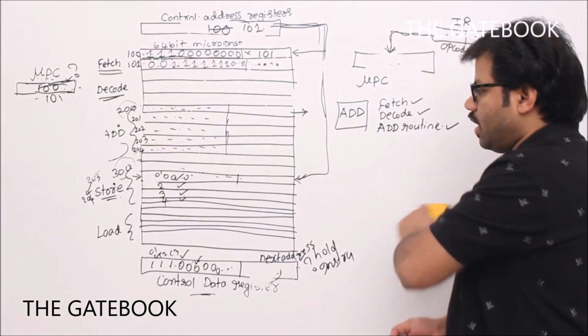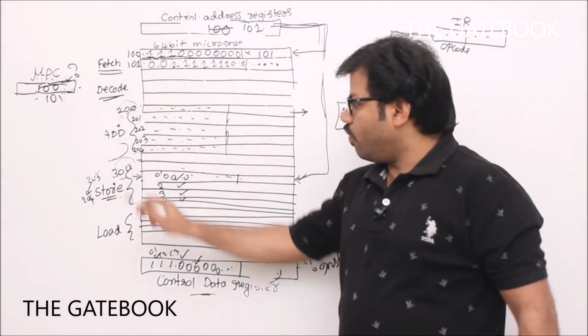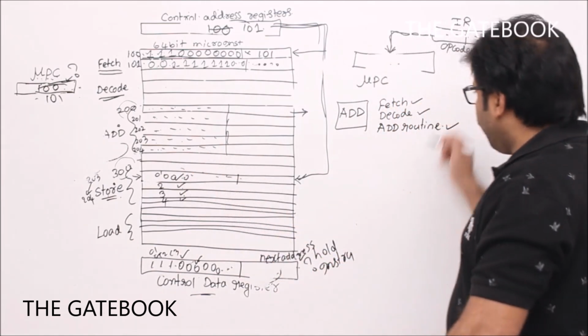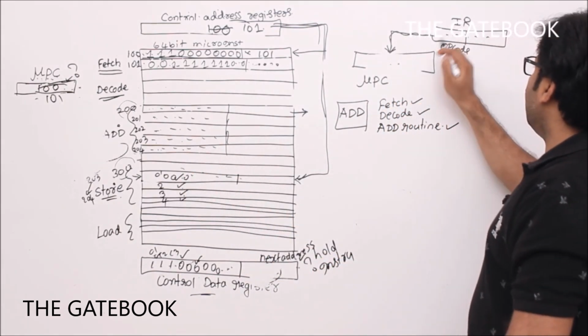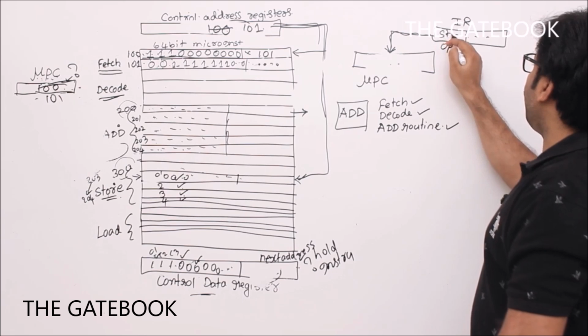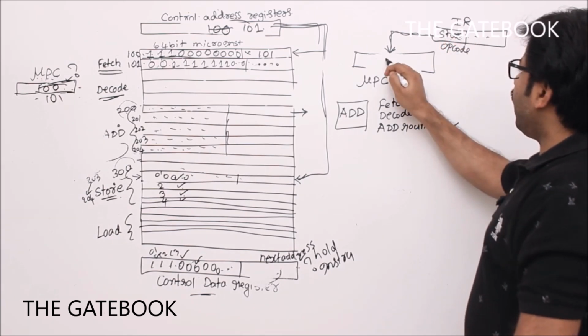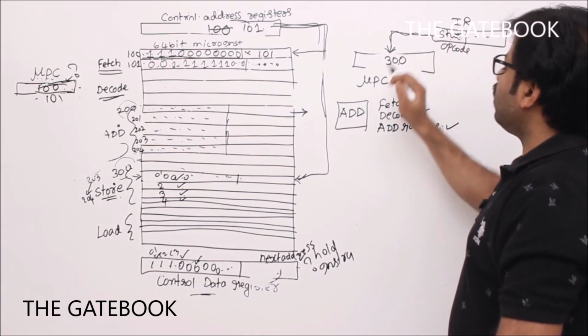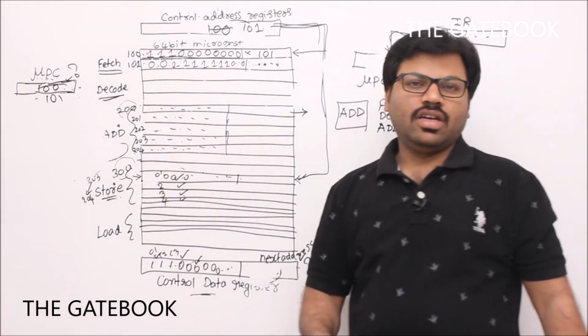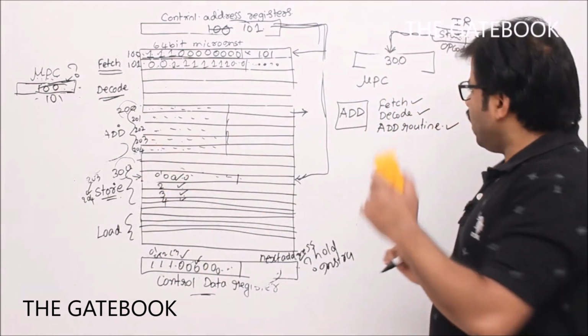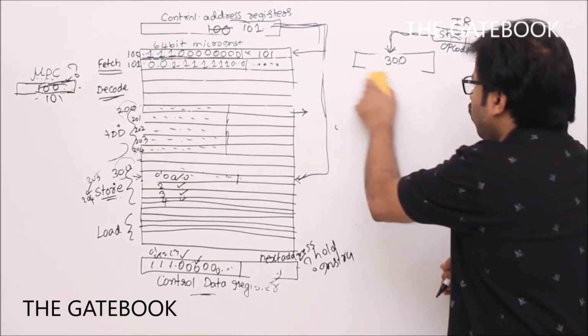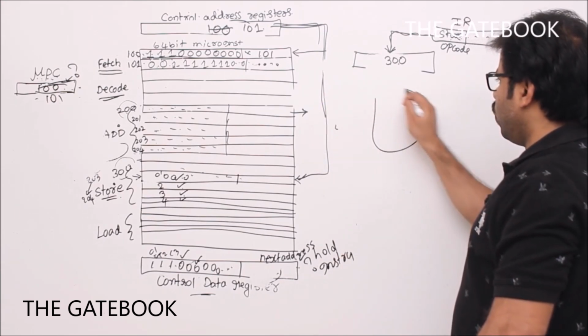Example, let's say it is store. Where does store start? 300. We have to plan a circuit in such a way that if this opcode is the opcode for store, then automatically the microprogram counter should be filled with 300 so that we can come here. In that way we have to plan. It's not a big deal, correct? For that we should have a decoder.